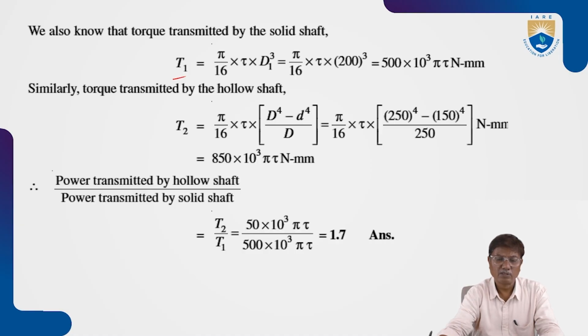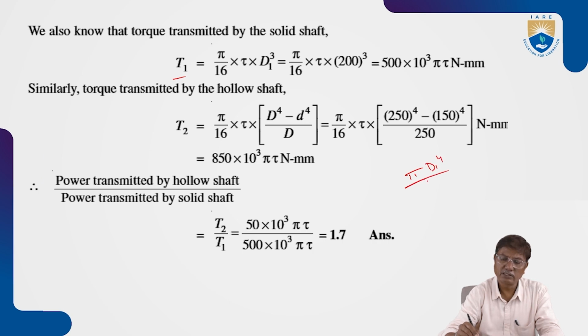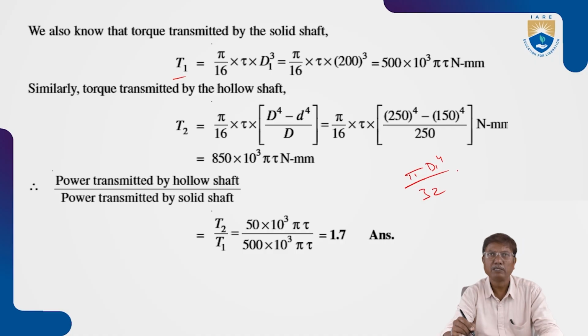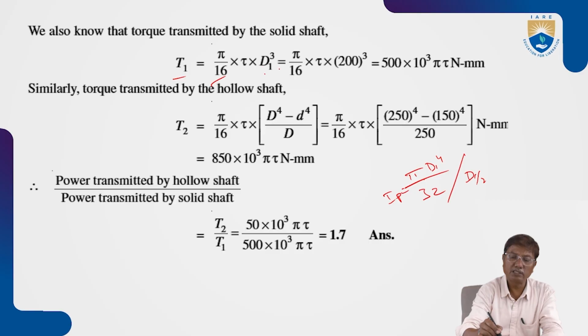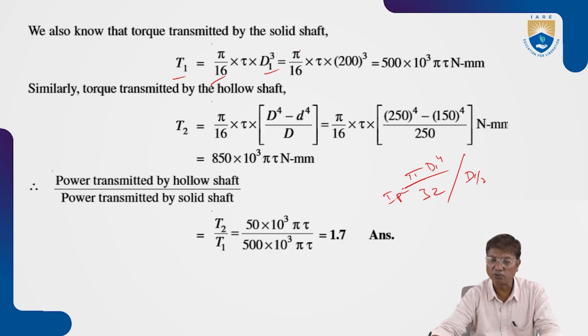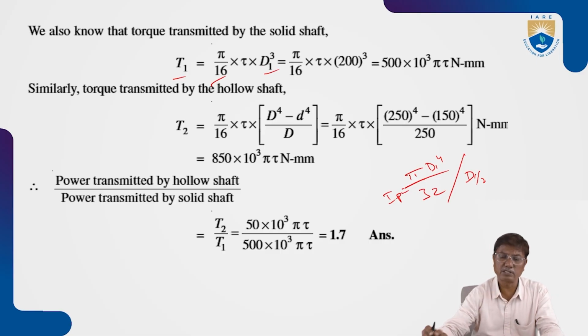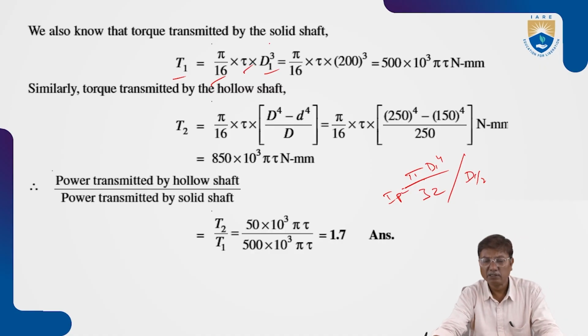Polar moment of inertia is pi D1 power 4 by 32, and the section modulus is that divided by D1 by 2. So it comes out to be pi by 16 D1 cube, that is the section modulus, into shear stress tau. Shear stress is the same for both the shafts; that is what is given.